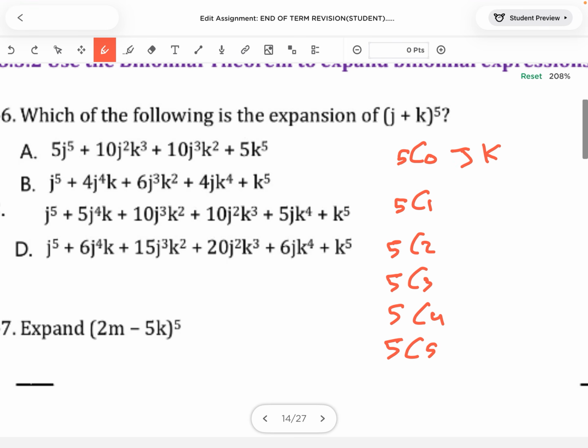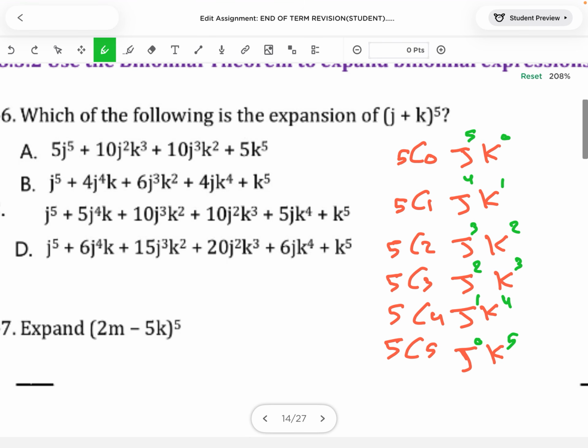J and K. The powers are 5, 4, 3, 2, 1, 0, 0, 1, 2, 3, 4, and 5.